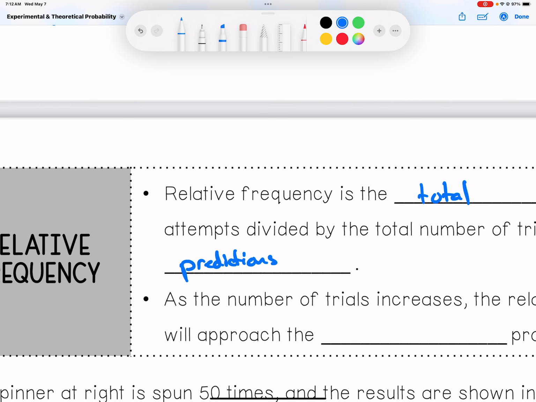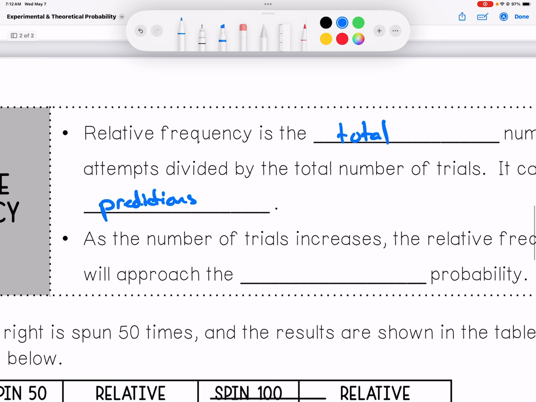As the number of trials increases, the relative frequency of an event will approach the theoretical probability. So the fewer times you do it, the more it may be off. The more you do it, the more it will come close to the theoretical probability. Okay?